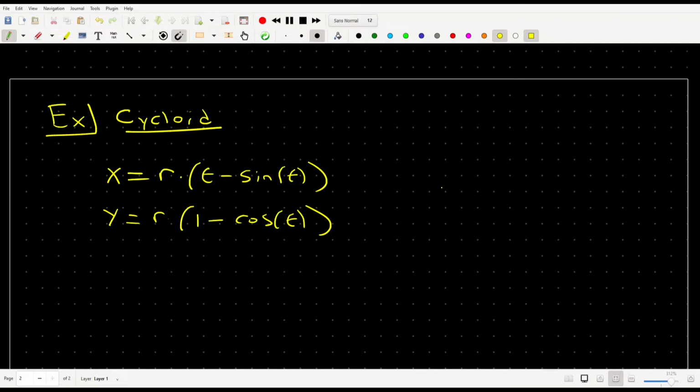And we'll just consider this for the parameter value from 0 to 4 pi. You can definitely consider it for different ranges, but we're just going to look at the parameter from 0 to 4 pi.